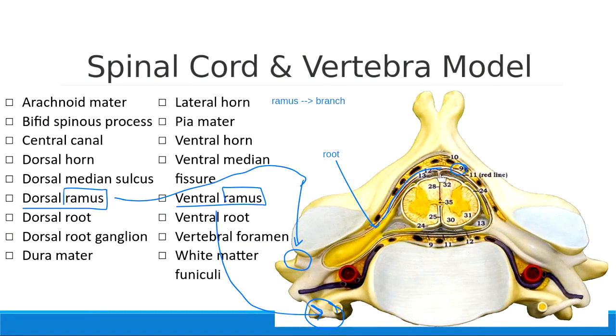The arachnoid mater is this little thing that we see here. The subarachnoid space is the gray area that I can see here. So yes, that is correct, that is an error. Yeah, working on getting that fixed for you. All right, let's see.